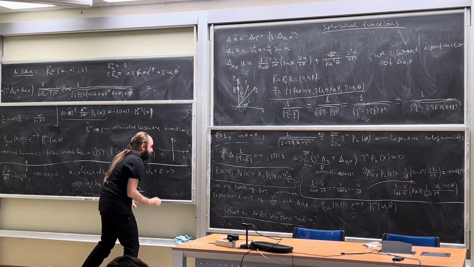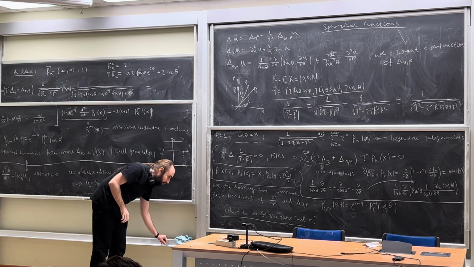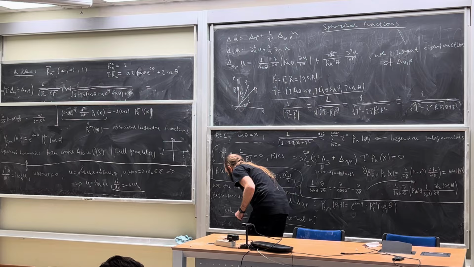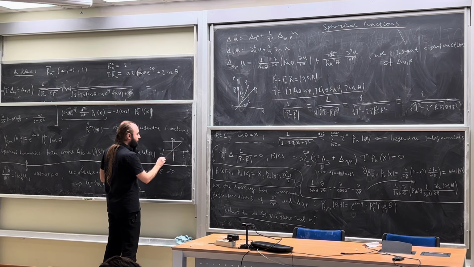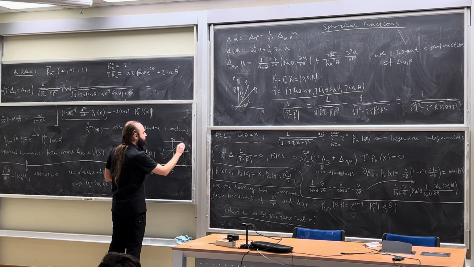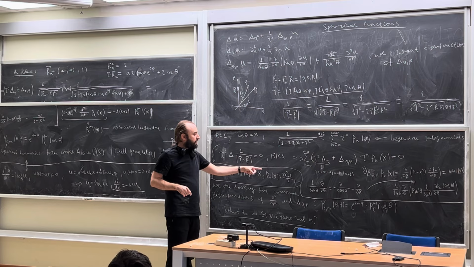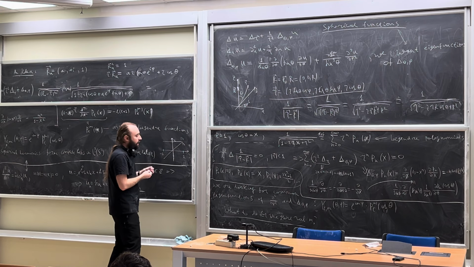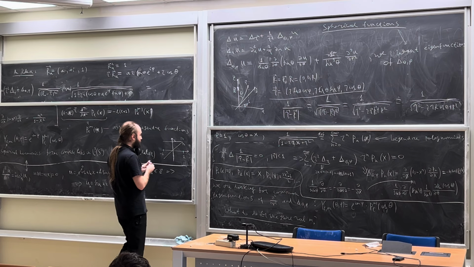So this is P0, this is P1, and let us draw P2. It equals 1 on both ends, and equals minus 1/2 at 0.